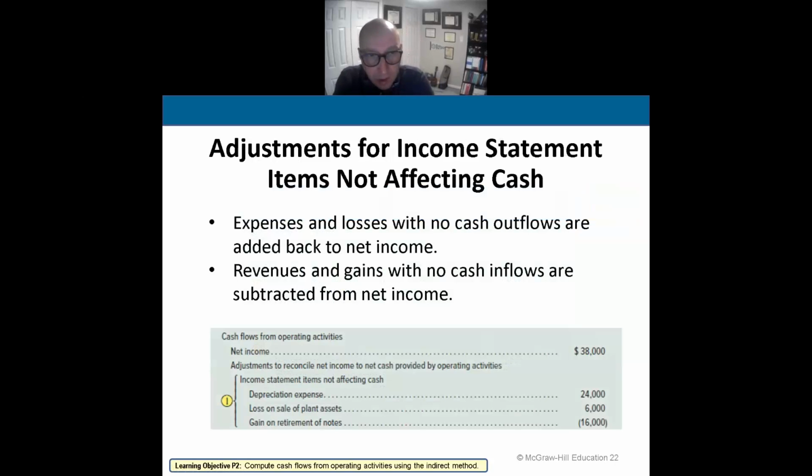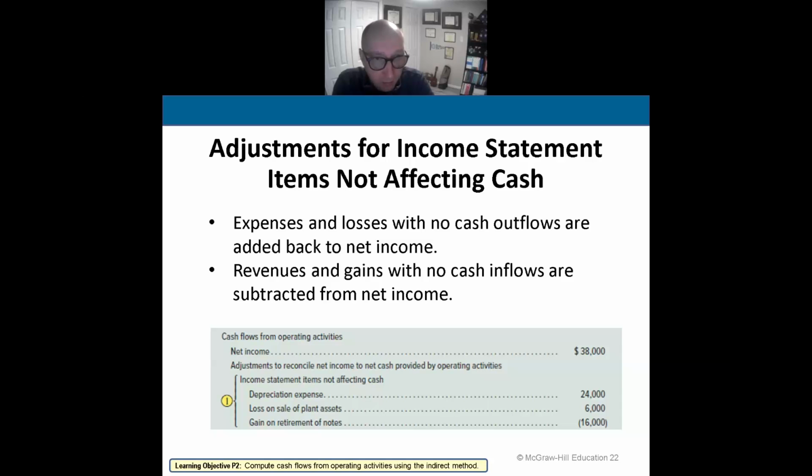Sometimes there are going to be adjustments that are not always obvious that you need to account for. And these are based off of the income statement. Some of these adjustments include things like depreciation expense, etc., right?